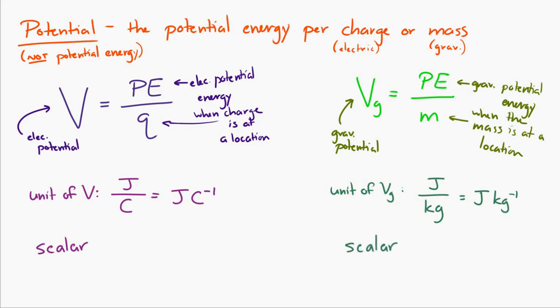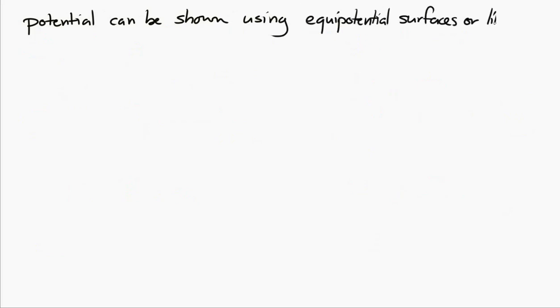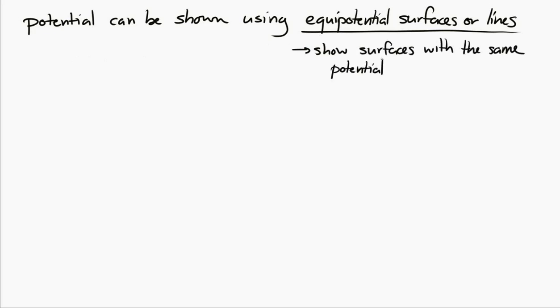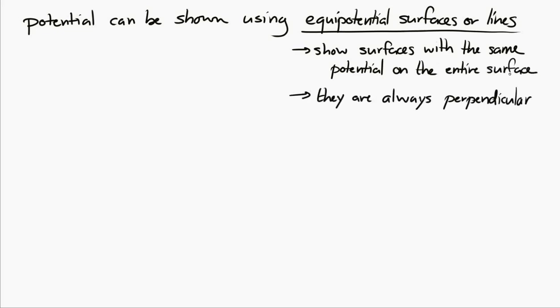And the potential can be displayed or shown in a diagram using something called equipotential lines. Equipotential lines show surfaces which have the same potential across the entire surface. And we'll think a little bit more about that in a moment. But another fact about equipotential lines that's very useful is that they are always perpendicular to field lines.